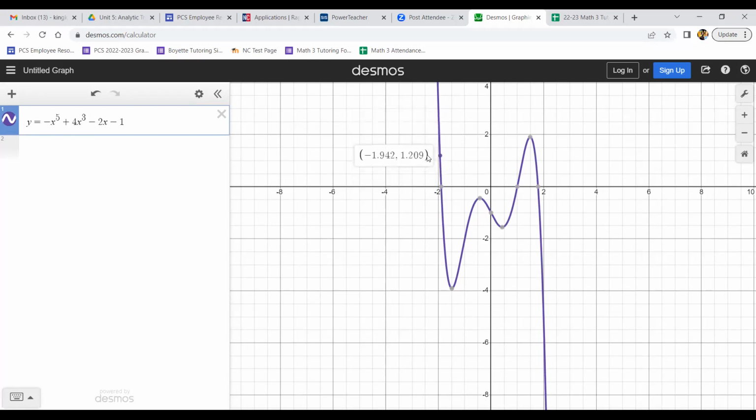Okay. Where do we find the numbers that are equal to 0? On the x-axis, that's where we have the y values that are equal to 0. Okay, so that is where the y value equals 0 exactly.